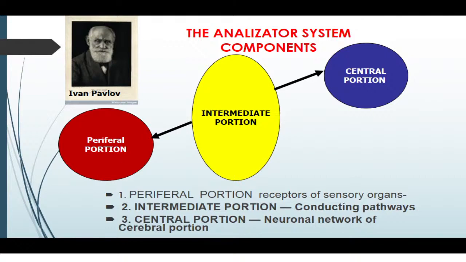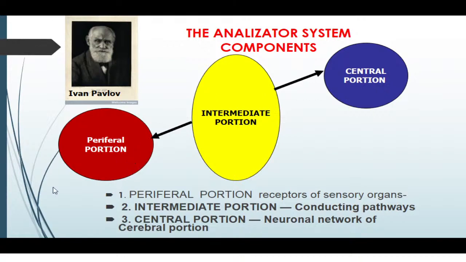And we have seen here the peripheral portion of the analyzer system is ordinary receptors of different types, for example olfactory epithelium in the vomeronasal organ, or maybe rods and cones in retina, photoreceptors, or maybe taste bud receptors.